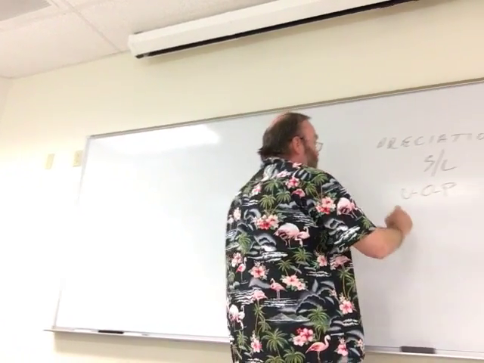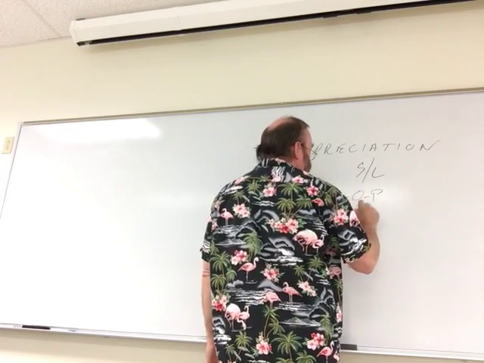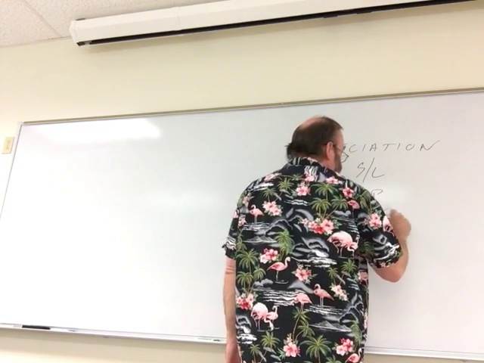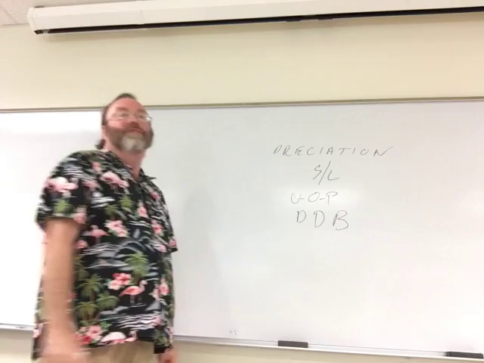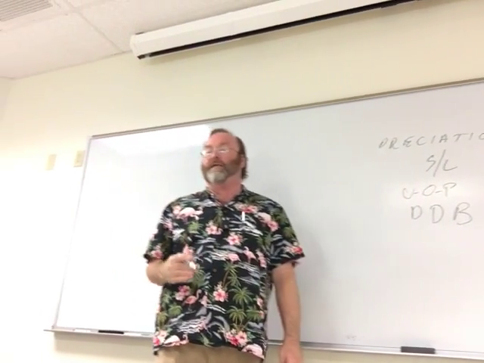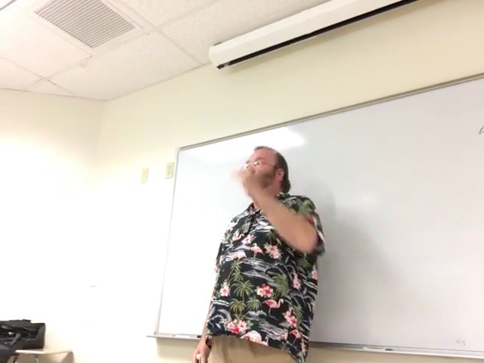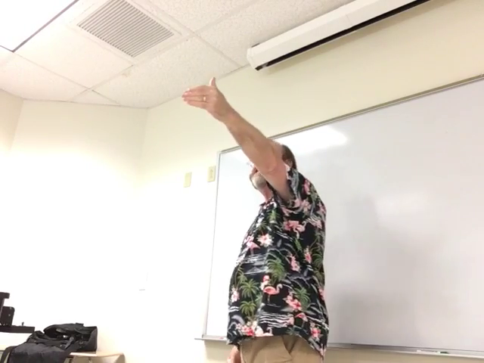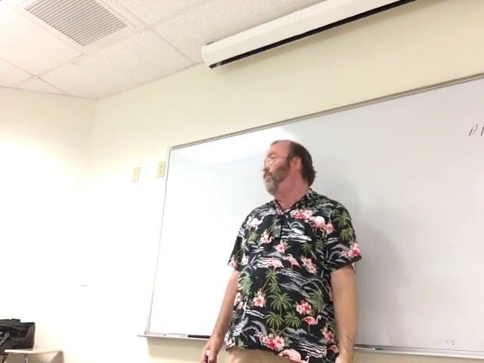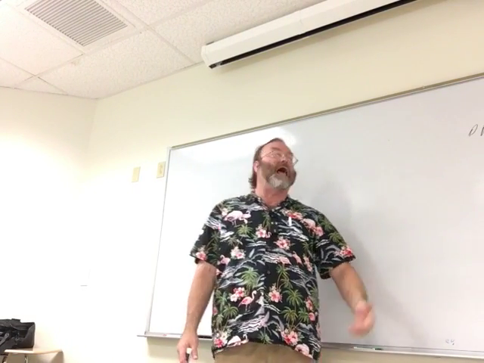And then lastly, double declining balance. This is an accelerated rate. So you're going to take more depreciation early in the life and less depreciation later in the life. And the logic behind this one is really twofold.